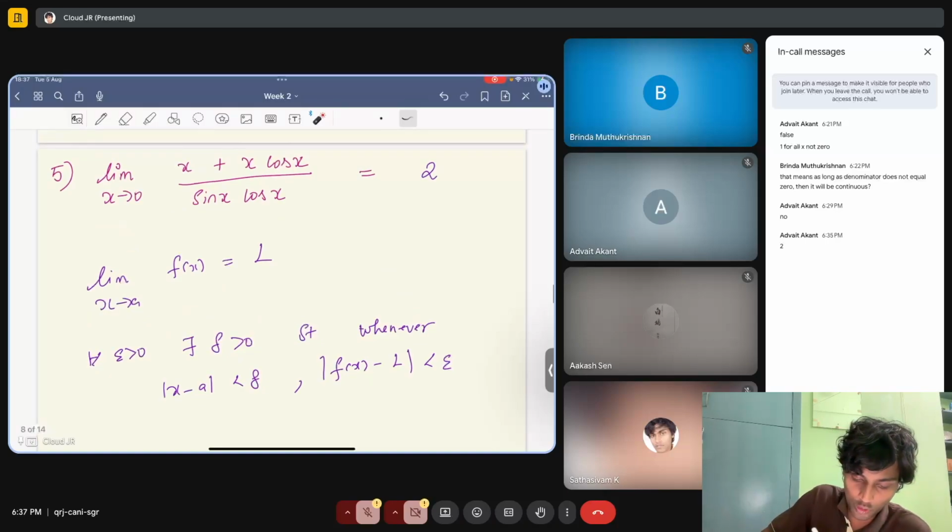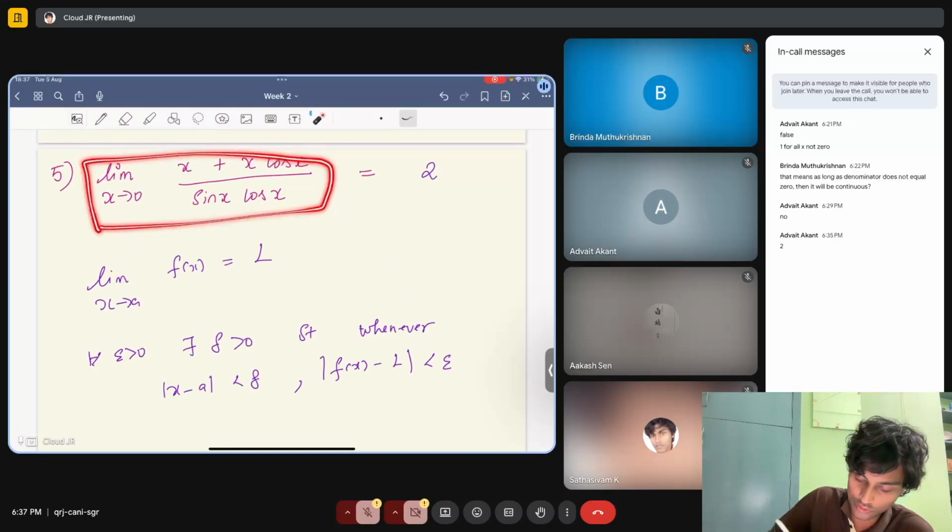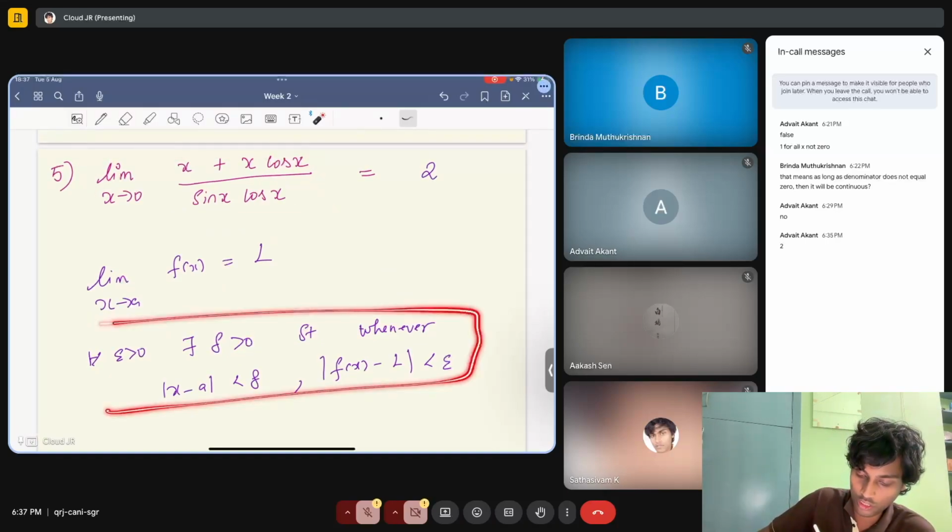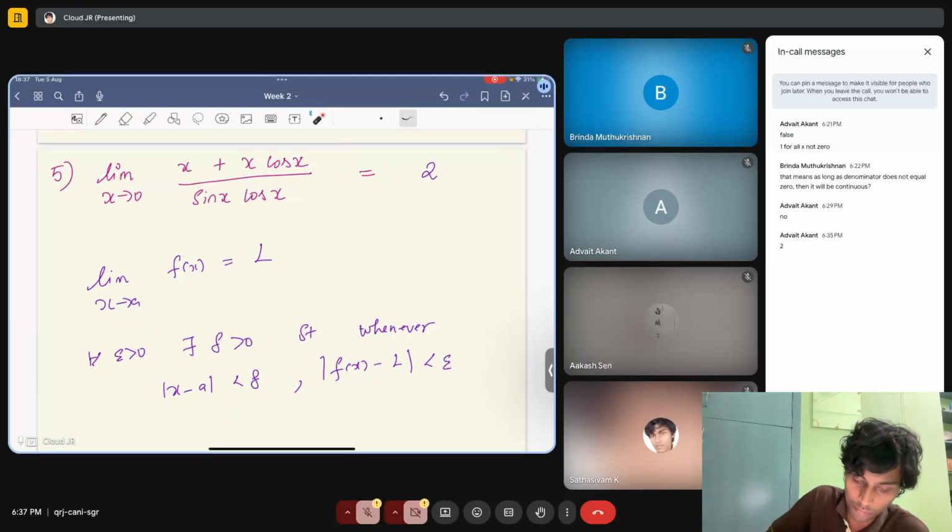But whenever you do the problem, most of the time you will not go back to this. Some limits of some functions are already known. For example, the limit of x as x tends to a is basically a.